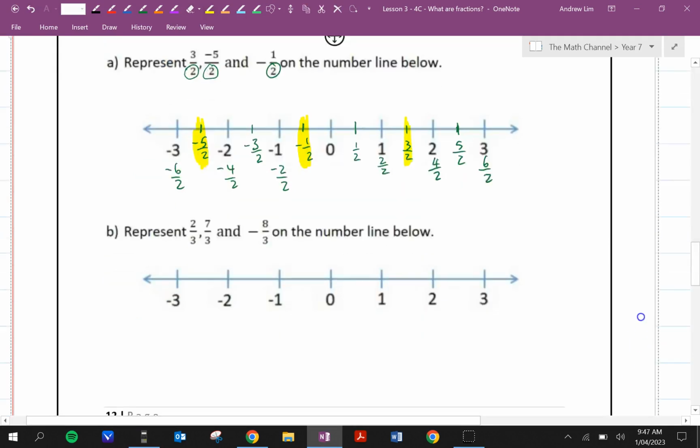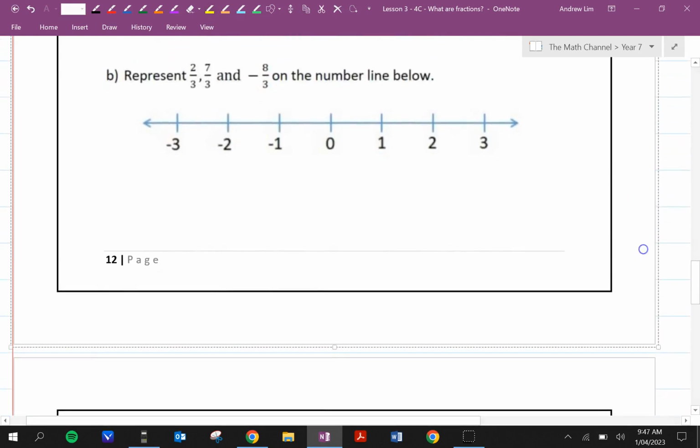Alright. Question B. Represent 2/3, 7/3, and minus 8 on 3 on the number line below. So this time, the denominators of each of these are 3, which means we need to separate each of these whole numbers into 3 equal parts. How?